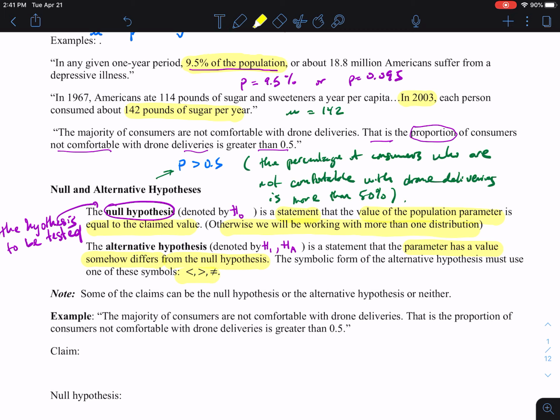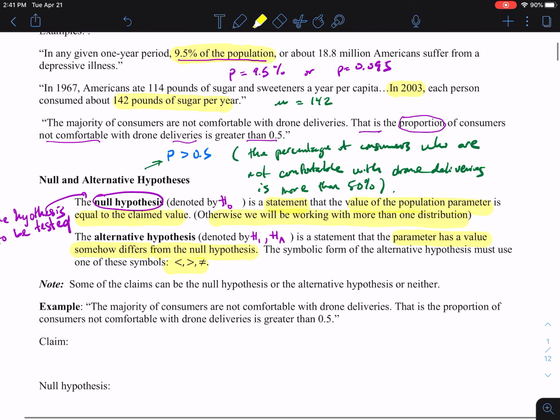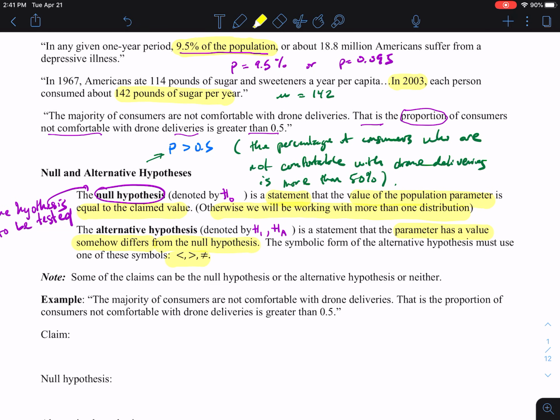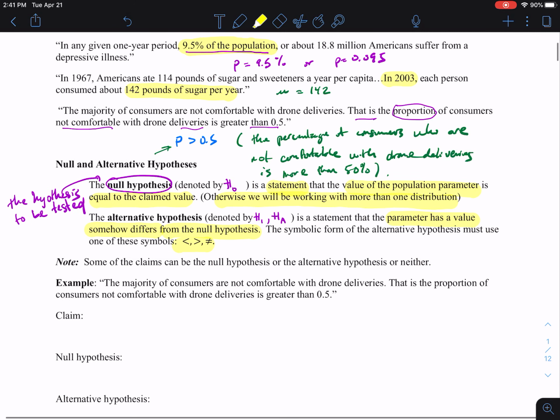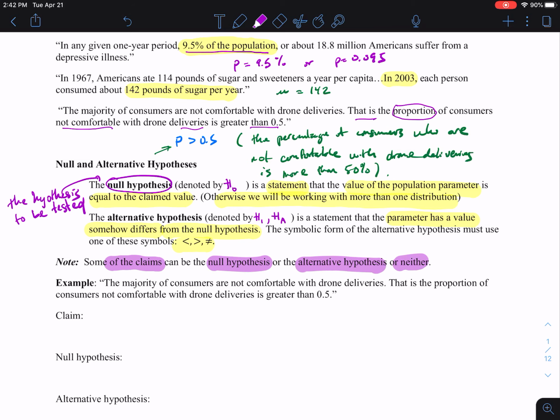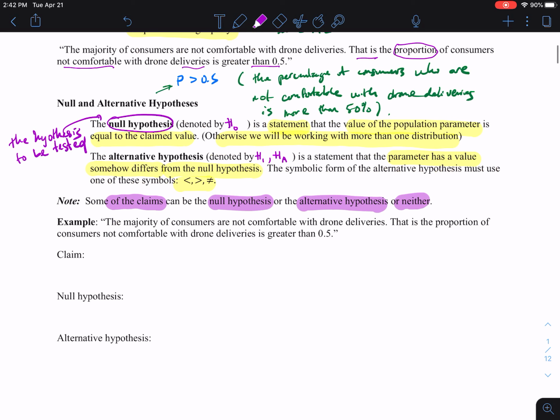So if we start with the assumption that the null hypothesis is mu equal to this number or P equal to this number, and if our evidence doesn't support that, then we're going to go with not equal to that, greater than or less than, depending on what the audience wants or what we want to show. So those are the two important definitions, or two hypotheses, in this lesson. This note here says that some of the claims can be the null hypothesis or the alternative hypothesis or neither. We'll come back to that in a second as we go through this example.